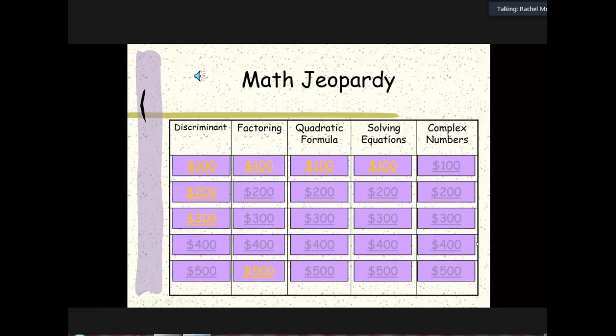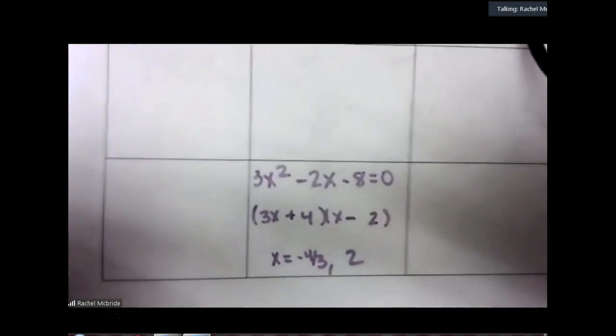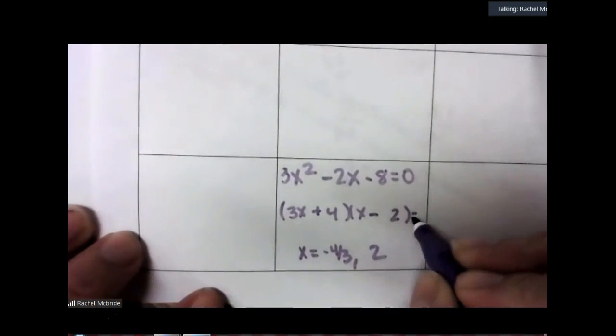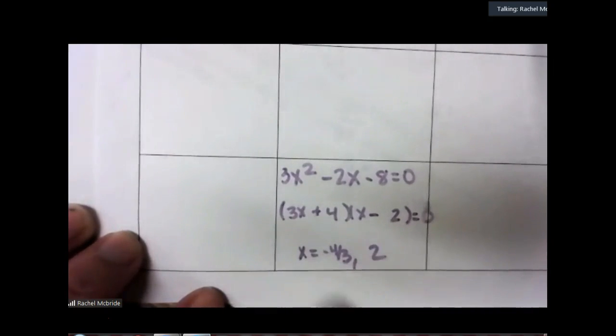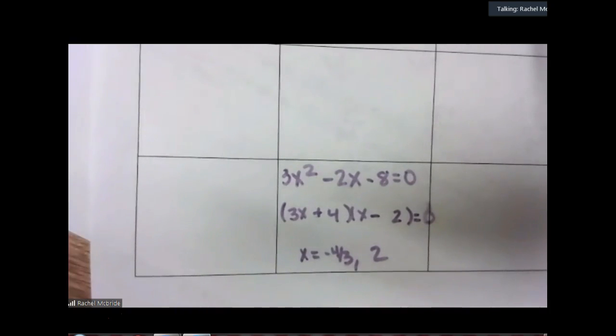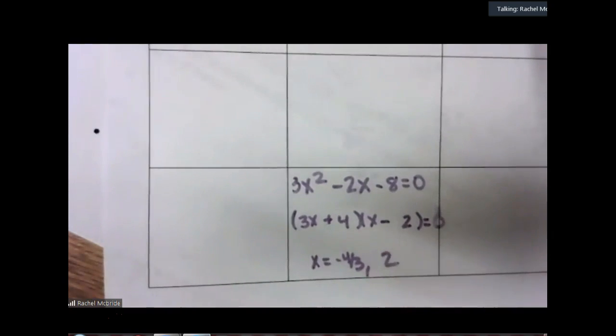Now, I had asked for factoring, so if you factored that correctly, you should have had 3x plus 4, x minus 2, and then this is set equal to 0, so we found our solutions of -4/3 and 2. So I had just said to factor, so if you got the solutions, that's fine as well. Tomorrow, all problems will need to have solutions. However, that is factored form.